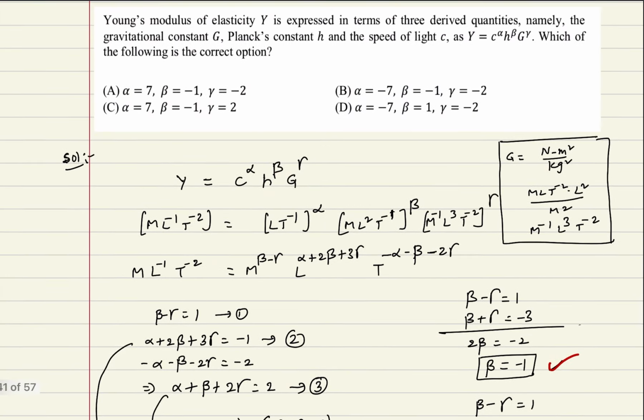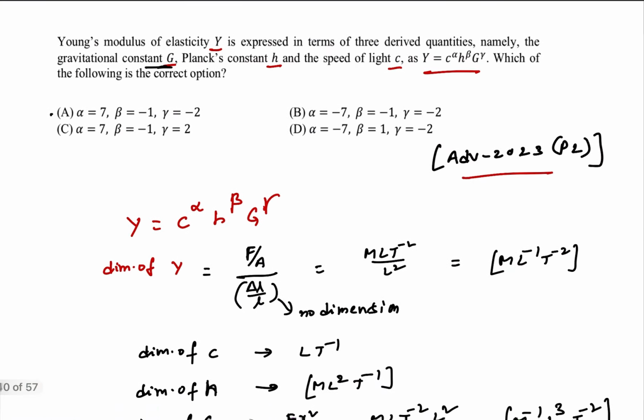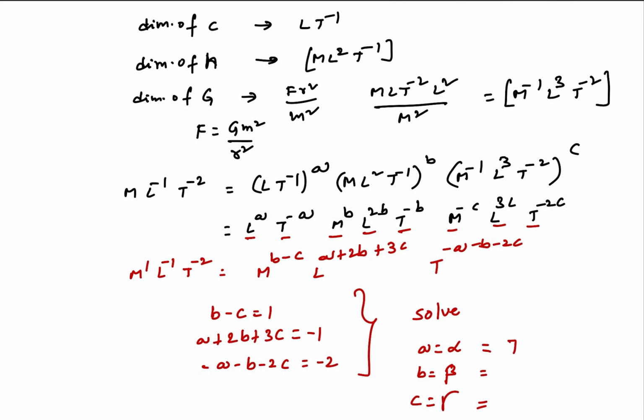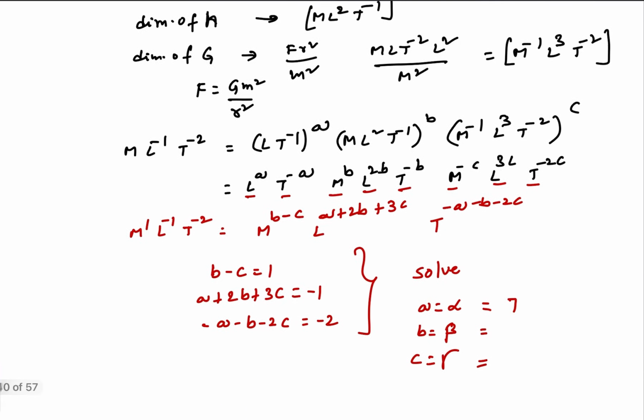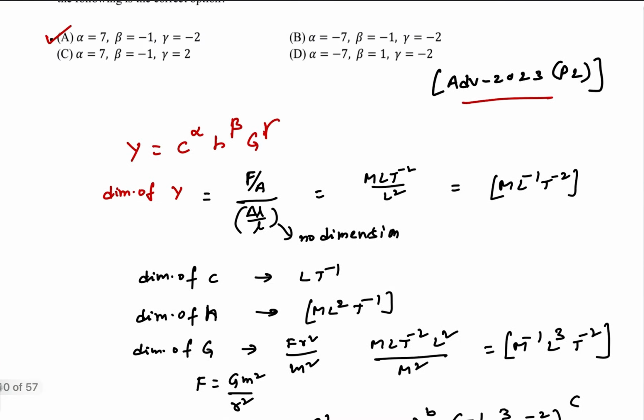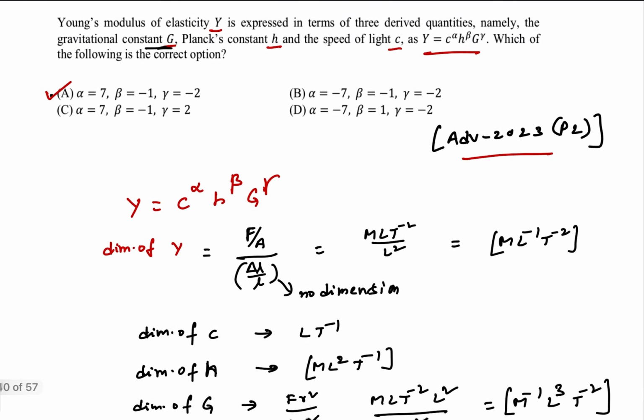I am getting alpha is equal to 7, beta is equal to minus 1, gamma is equal to minus 2. Option A I am getting. This is the correct option. Alpha is 7, beta is minus 1, gamma is minus 2. Option A.